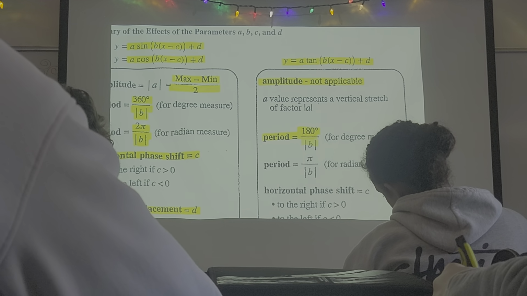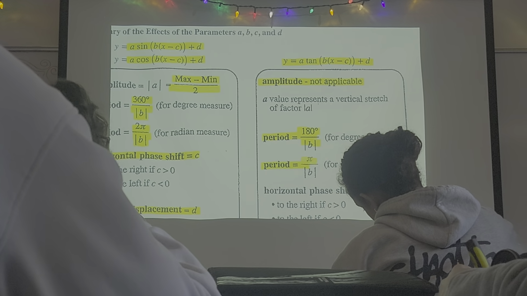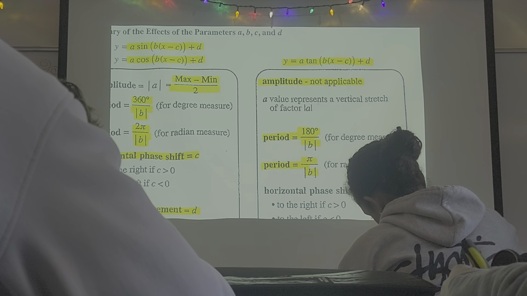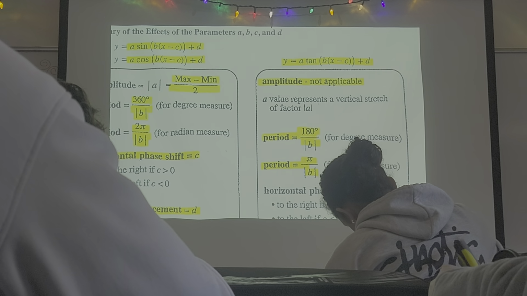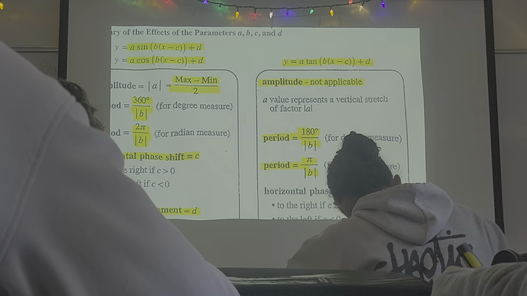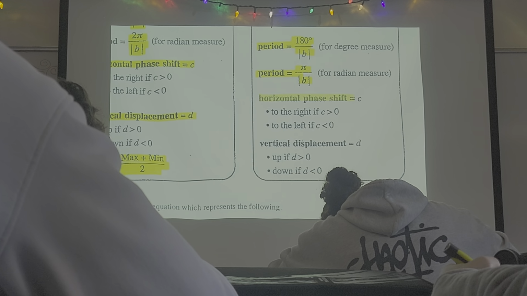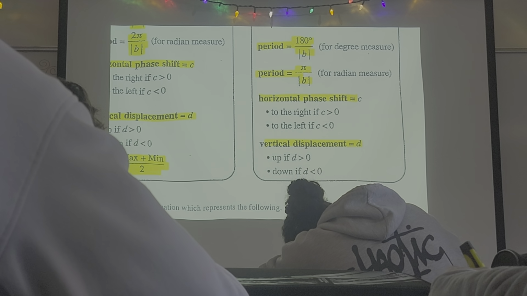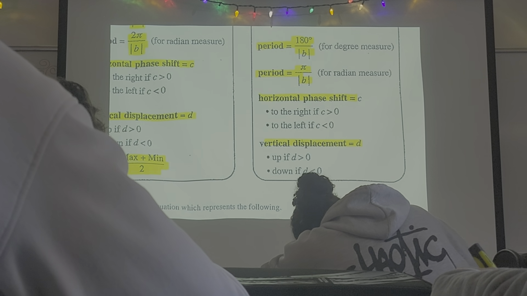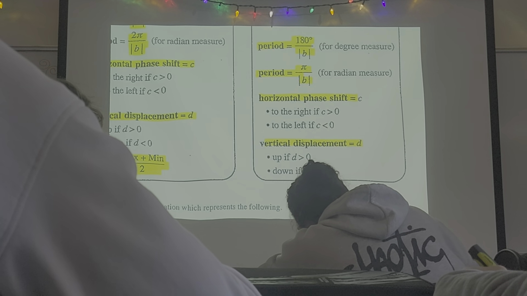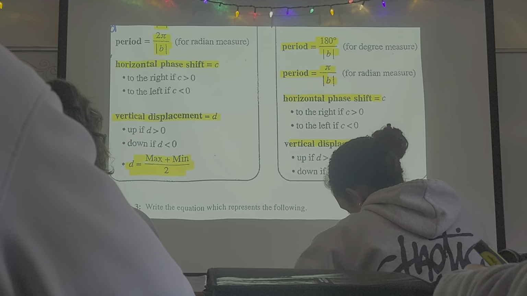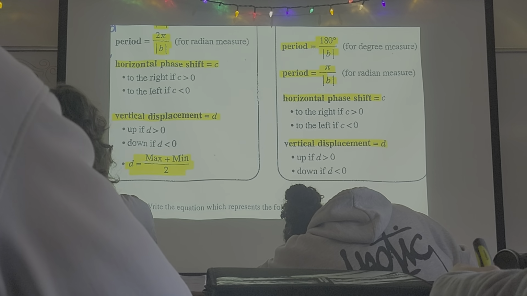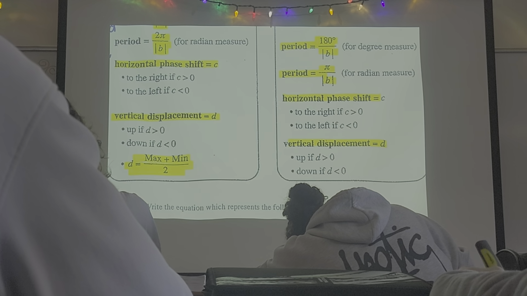Period is now 180 over B or pi over B. So remember, tangent is a different period. And then we still have our phase shift and our vertical displacement. So just a little summary there. The big thing is the change in the period compared to cosine and sine. They're different than the tangent one.